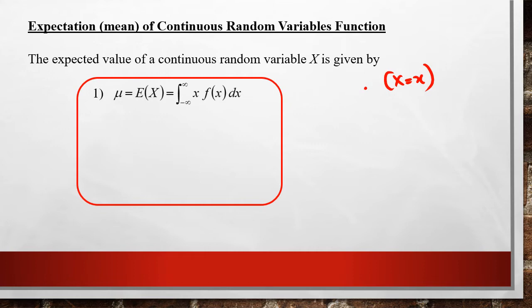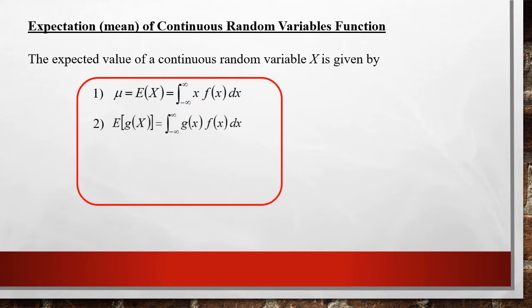So we have this formula of expectation for the continuous random variable, which is the expected value of x is equal to the integration of x multiplied by f(x), the probability function, with respect to x from negative infinity to infinity. You must include all the values on the real number line that are defined on the PDF.